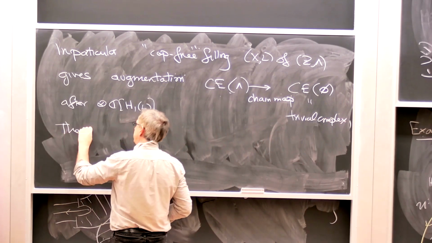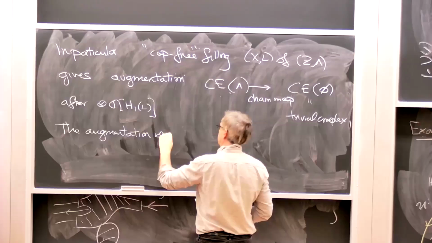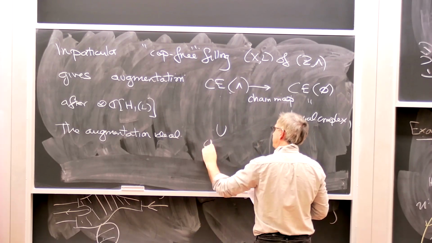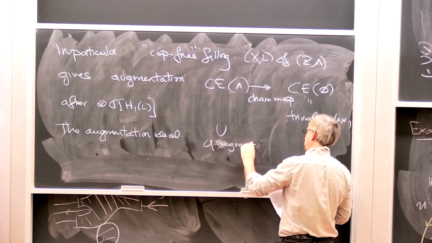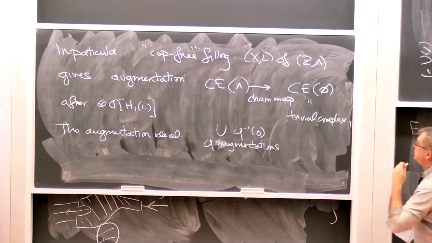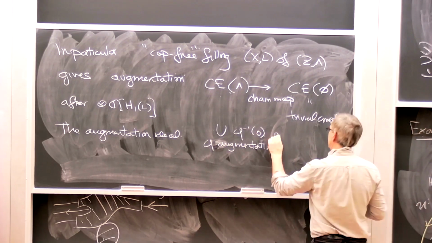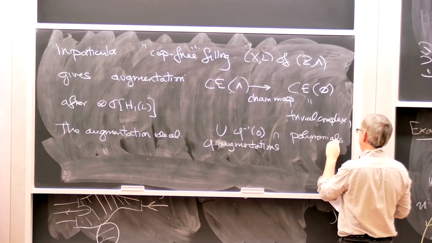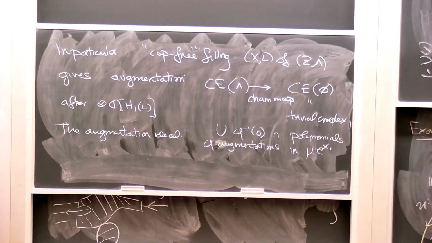So the augmentation ideal is, I just take all augmentations, I look at which elements of the Chekanov-Eliashberg algebra it kills, and then I only look at those elements in the Chekanov-Eliashberg algebra which are polynomials in the mu_i, e to the xi.